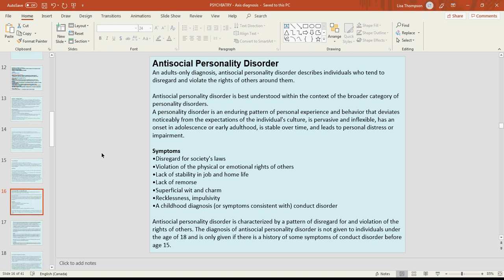Antisocial personality disorder is characterized by a pattern of disregard for and violation of the rights of others. The diagnosis of antisocial personality disorder is not given to individuals under the age of 18 and is only given if there is a history of some symptoms of conduct disorder before age 15.